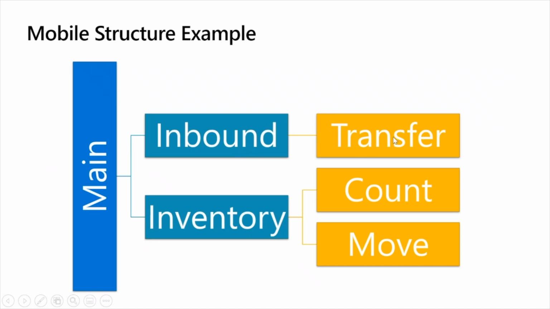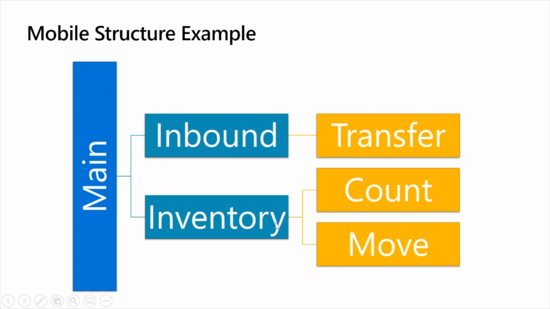And then within those, we have the mobile device menu items represented by this yellowish orange color in the graphic. In the case of the inbound menu, we might have this transfer menu item that allows the user to receive transfer orders into the warehouse. Same for the inventory one down here.